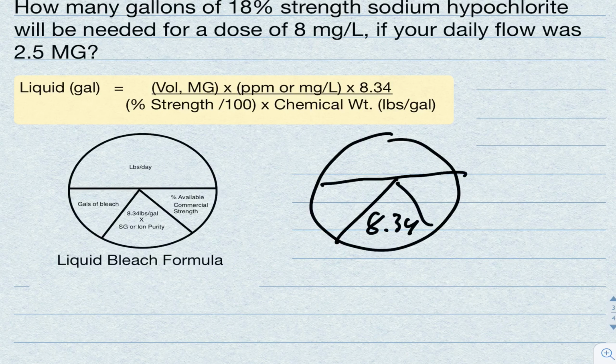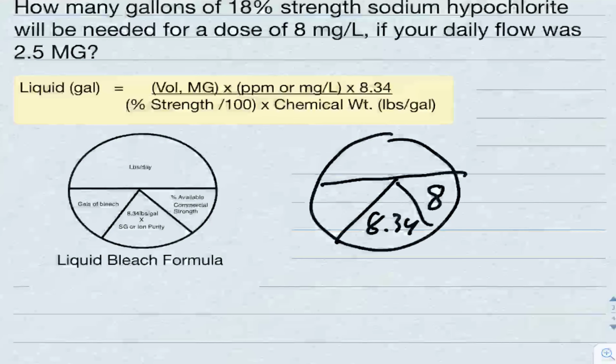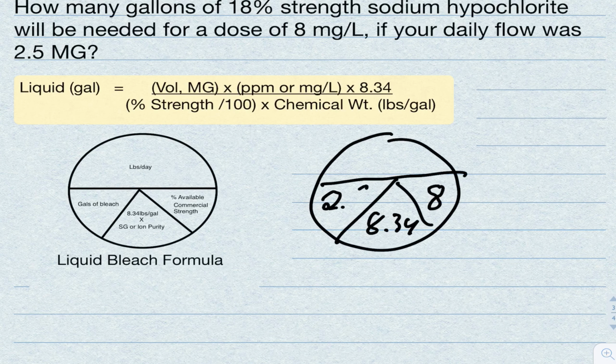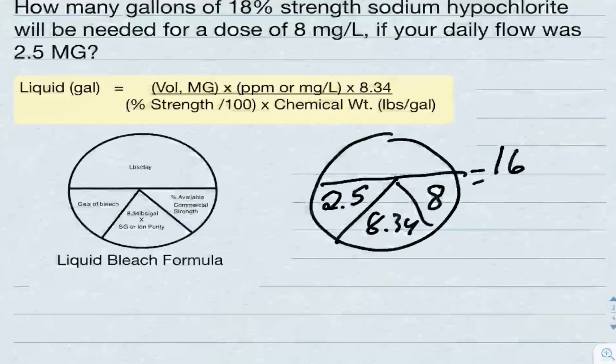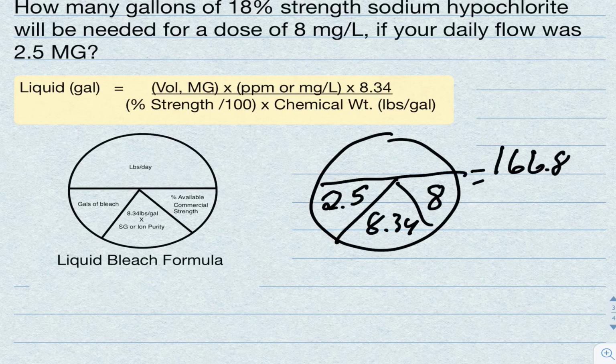We know we have our 8 milligrams per liter and our 2.5 mgd. Now we multiply that across. We get our pounds, which is 166.8. And that is our pounds.